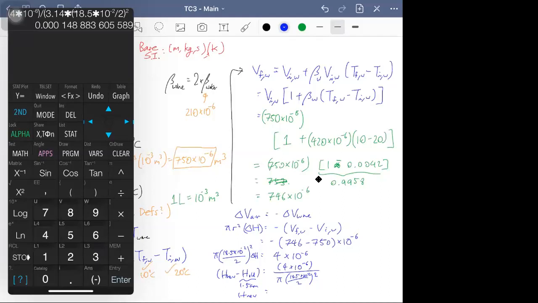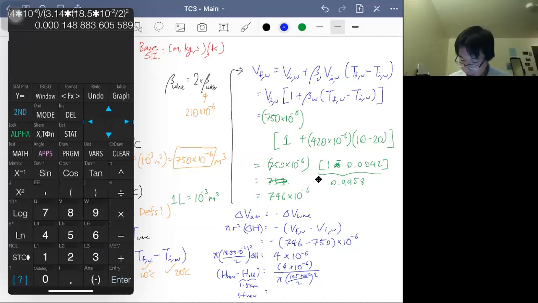The final answer would be 2.7 centimeters, in case anyone already got the answer.